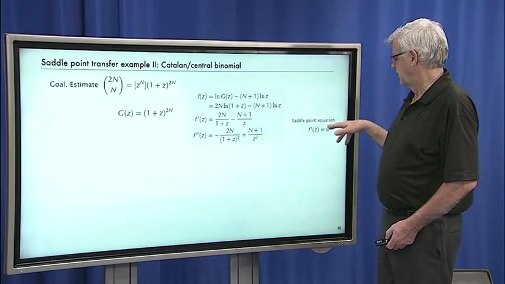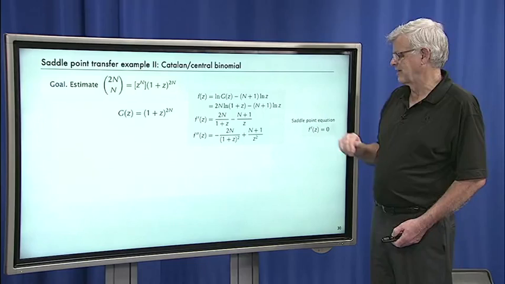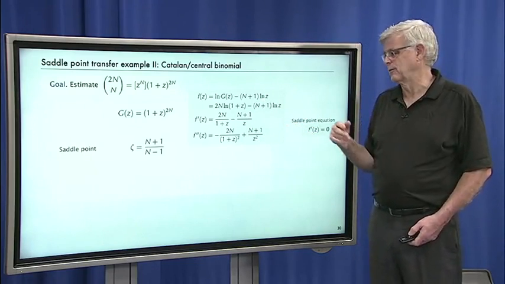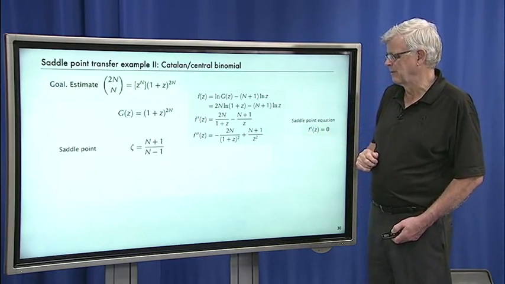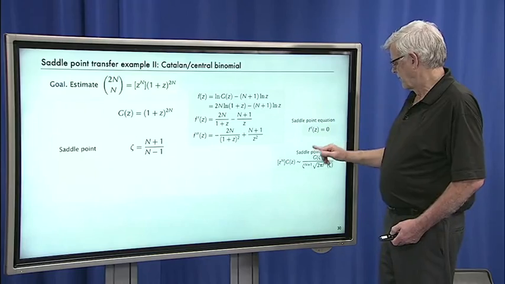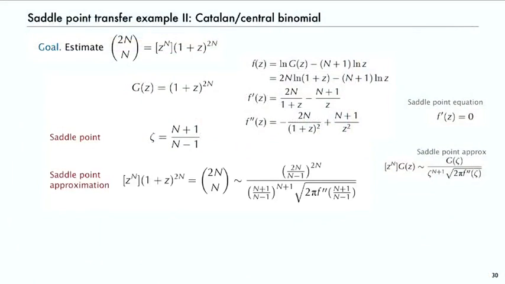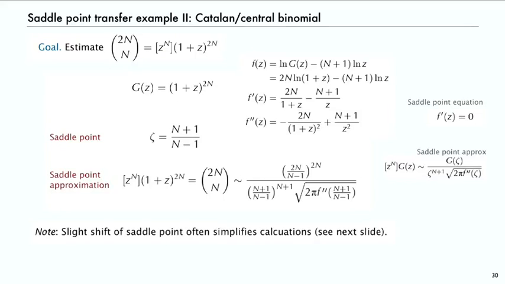Then the second derivative, and the saddle point equation is to set the first one to 0. So the saddle point is n plus 1 over n minus 1, and that's what we saw before. The approximation says to plug n plus 1 over n minus 1 into this formula, and we get a pretty ugly equation that we can go ahead and estimate.